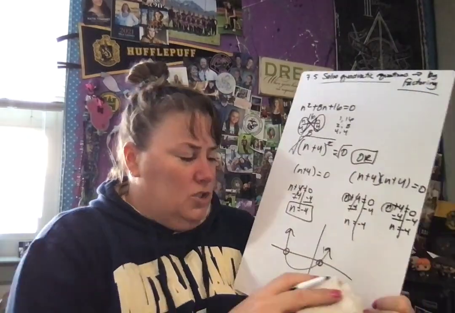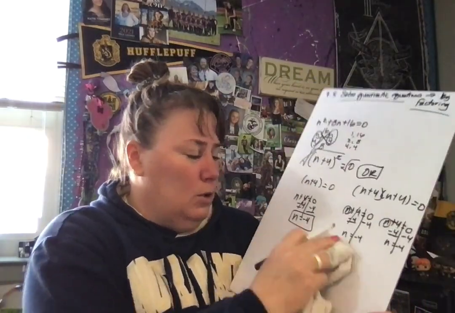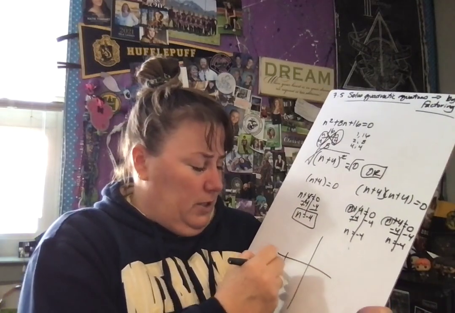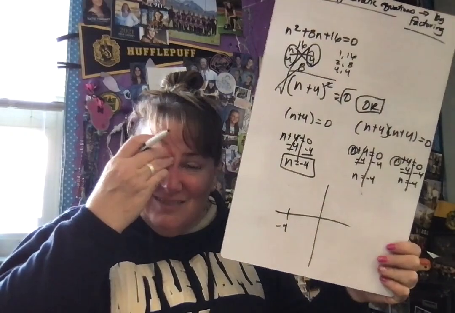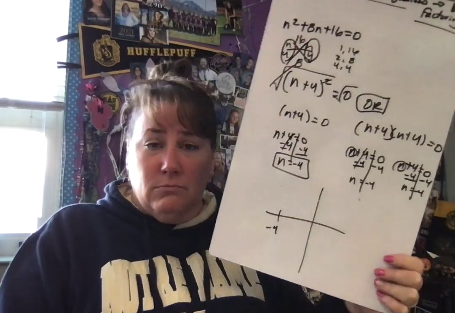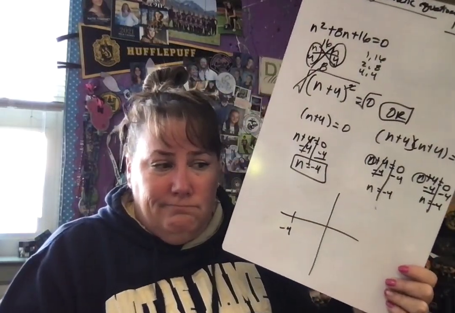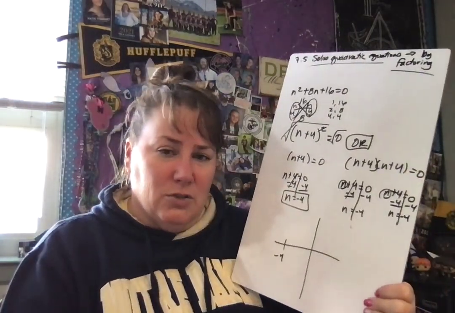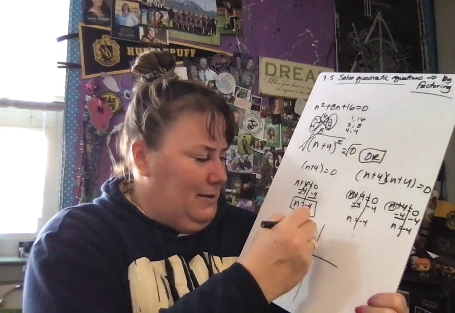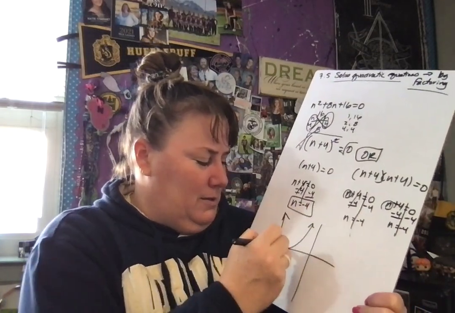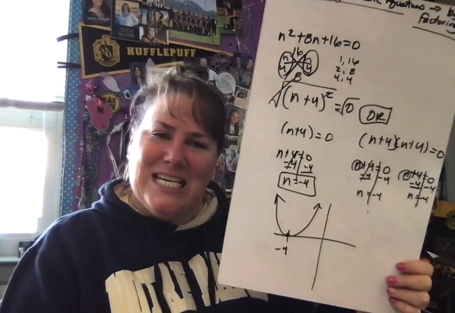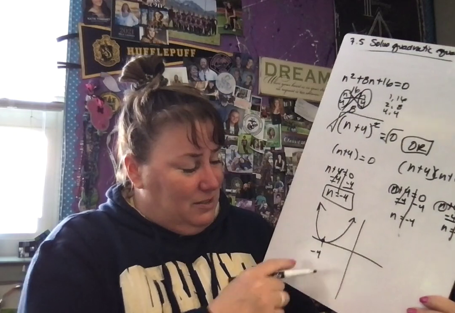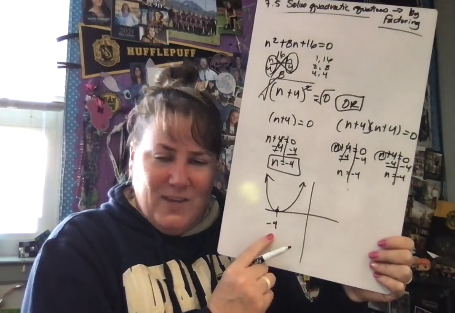So if there's only one solution, which is negative 4, is my parabola actually crossing? Well, it can't if there's only one solution. So what that means is the parabola is touching the x-axis. One solution, it touches, which means this is also your axis of symmetry.